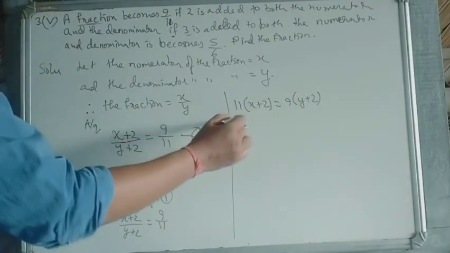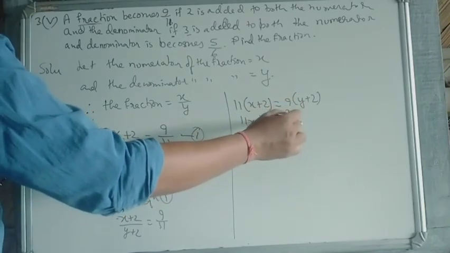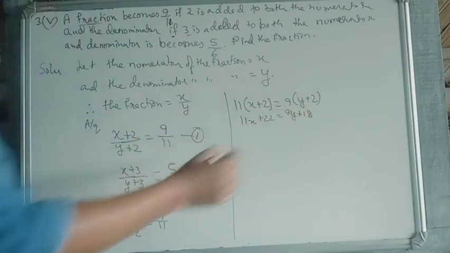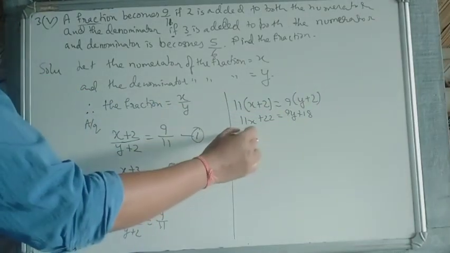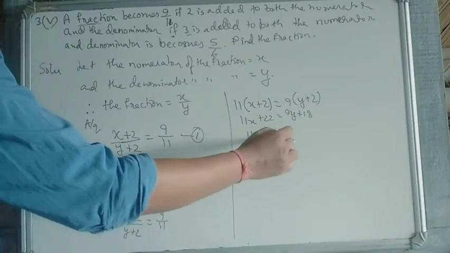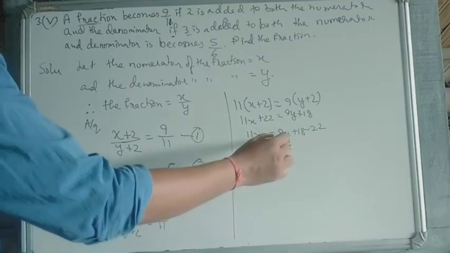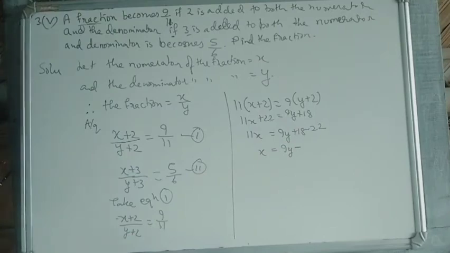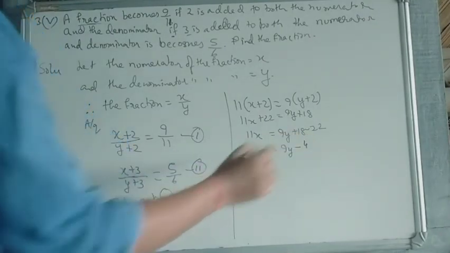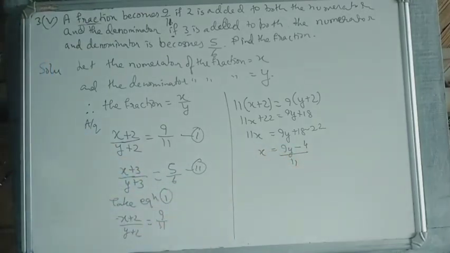Now 11 into x is 11x, 11 twos are 22, 9 into y is 9y, 9 twos are 18. Now x we will keep, everything else we will bring to that side. 11x equals 9y plus 18 minus 22, so x will be equal to 9y minus 4 by 11. So this is the value of x you got from equation number 1.